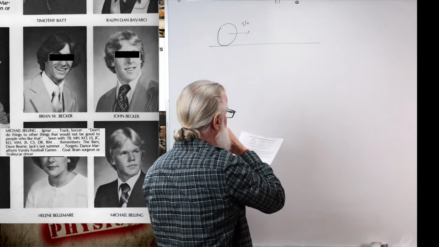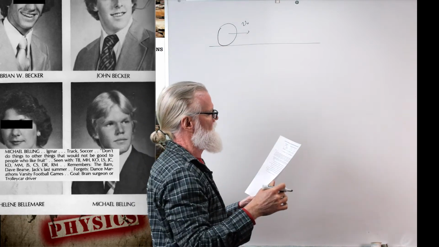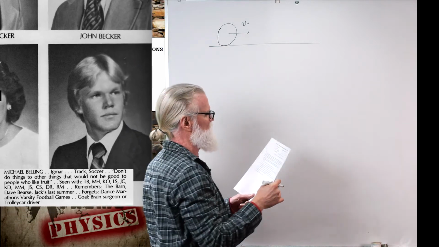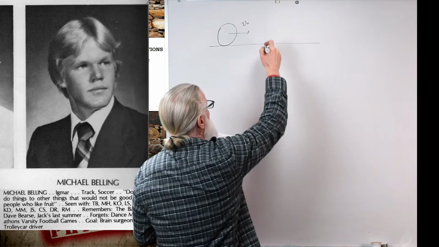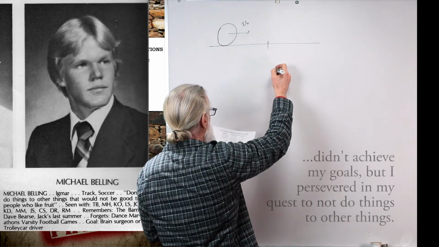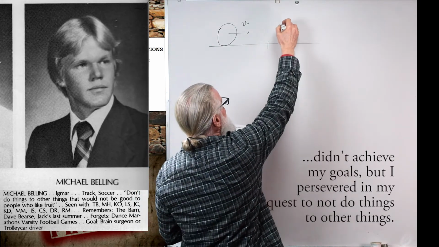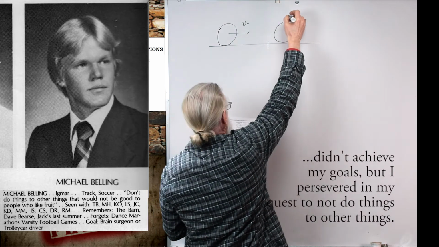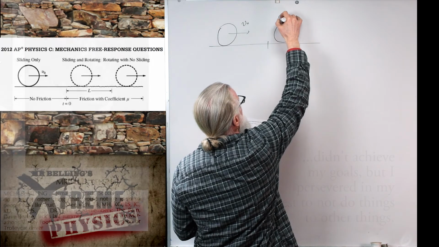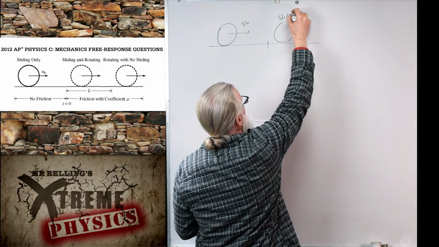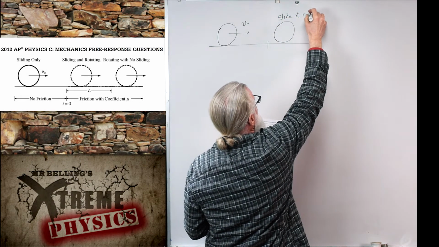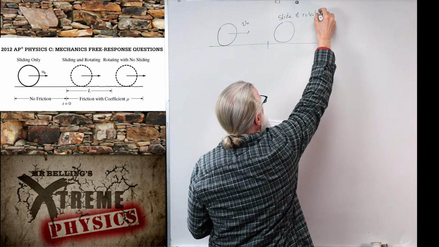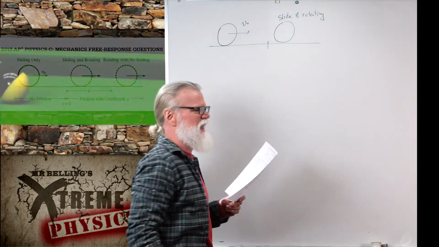All right, so we got this thing, and it's sliding only. It's on this frictionless surface, in this case, up to this point right here, in which case it's still sliding. But then it's sliding and rotating.